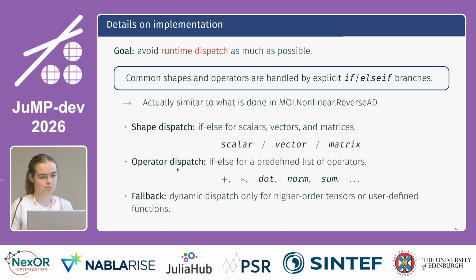For a list of predefined operators, we have these if and else if branches, all to avoid functions being type unstable. If you still have any other shape or other operator, you can do it, but it will just be a dynamic dispatch in this case.